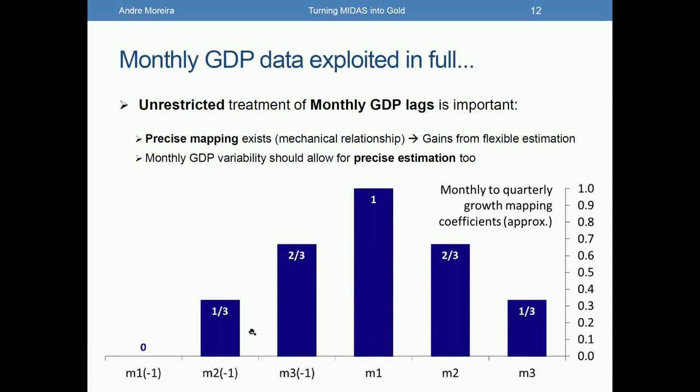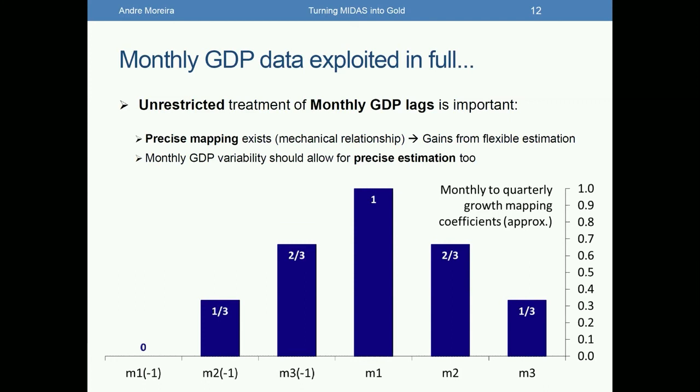So these are months 1, 2, and 3 of the current quarter. These are months 1, 2, and 3 of the previous quarter. And you get this sort of staircase where month 1 of the current quarter gets the most weight. And the intuition for that is just in an all else equal sense, if growth in month 1 is higher by 1, then all 3 months are higher by 1 in a level sense.